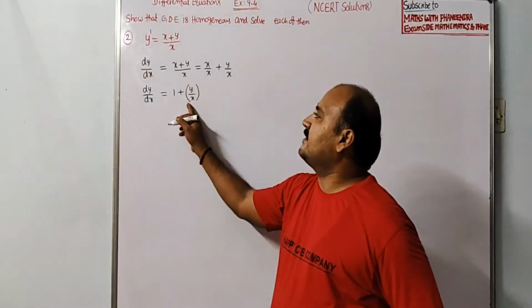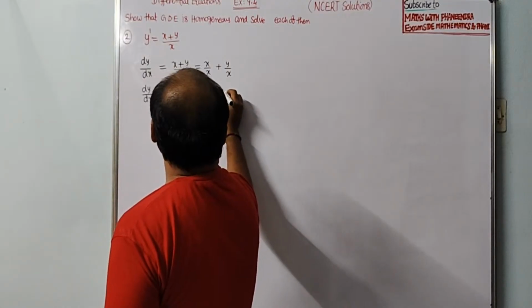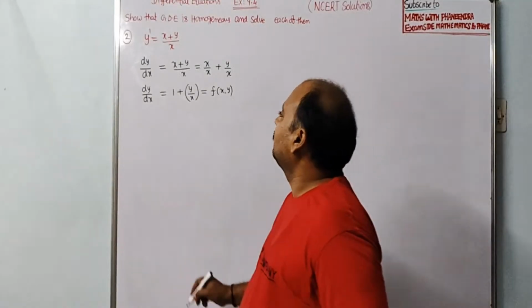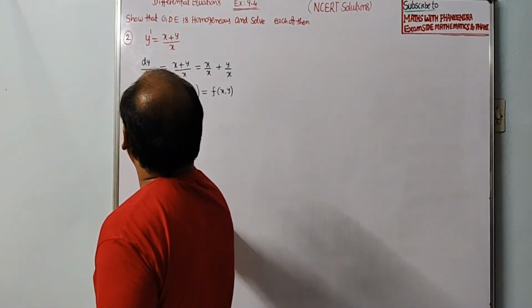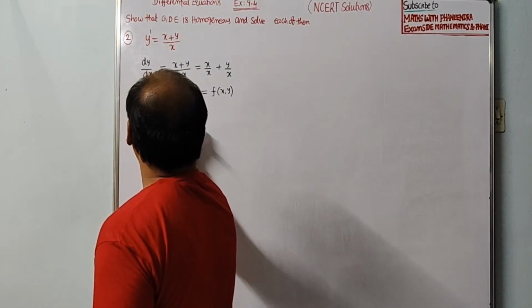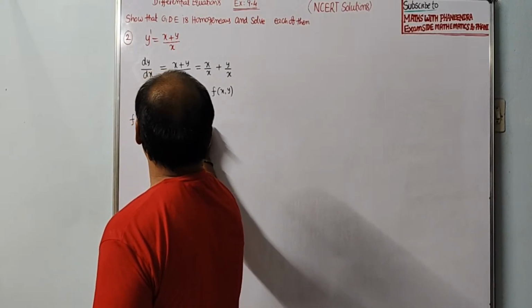So you take this as f of x comma y. This is equal to f of x comma y. f of kx comma ky equal to 1 plus ky by kx.